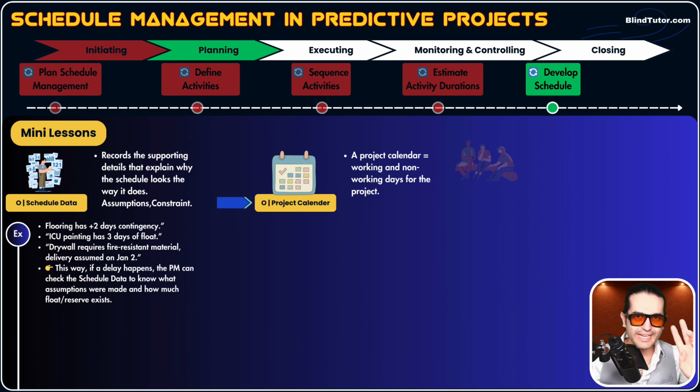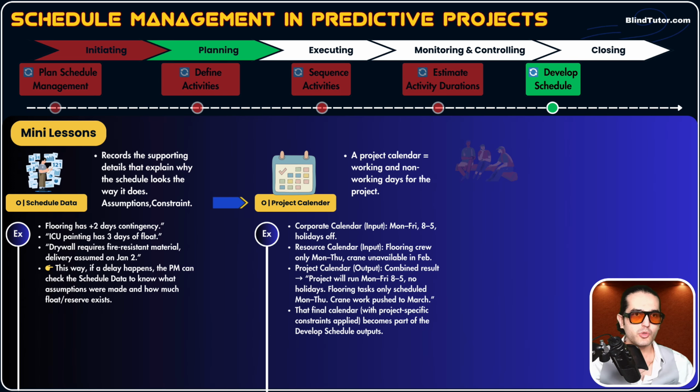Guys, we have 3 calendars, okay? Let's solve it once and for all, okay? Number 1, corporate calendar. This project is for a corporation. For example, corporate calendar says, hey, all employees work Monday to Friday, 8 a.m. to 5 p.m., and weekends are off and formal holidays are off.